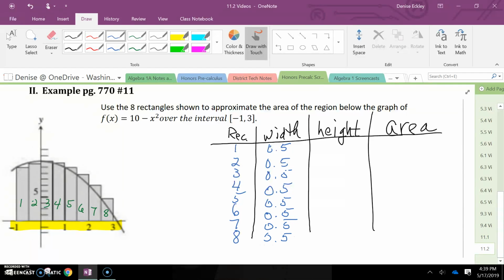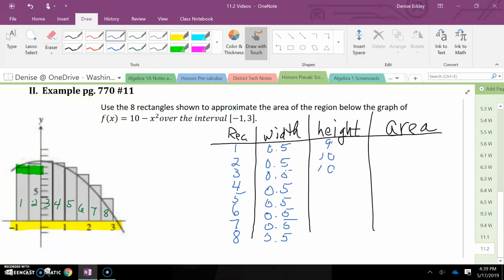Now the height is where you can look where each rectangle meets the curve. So they're different heights. When I was estimating these as best as I could, the first one seems to have a height of 9 units. The next one seems to go almost up to, I'll put it at 10. Same with the next one at 10.